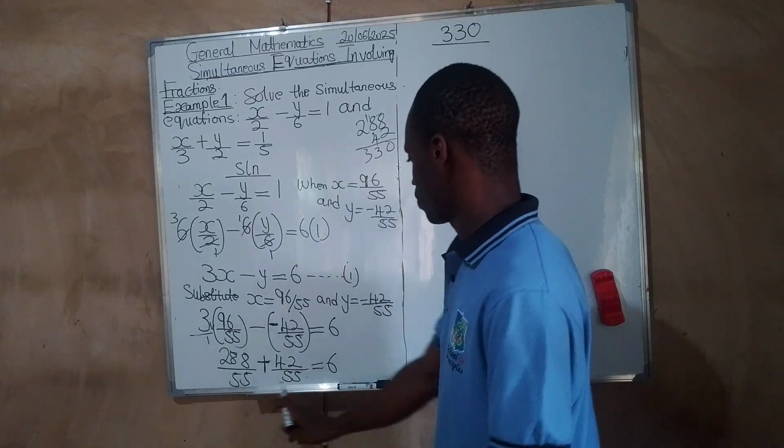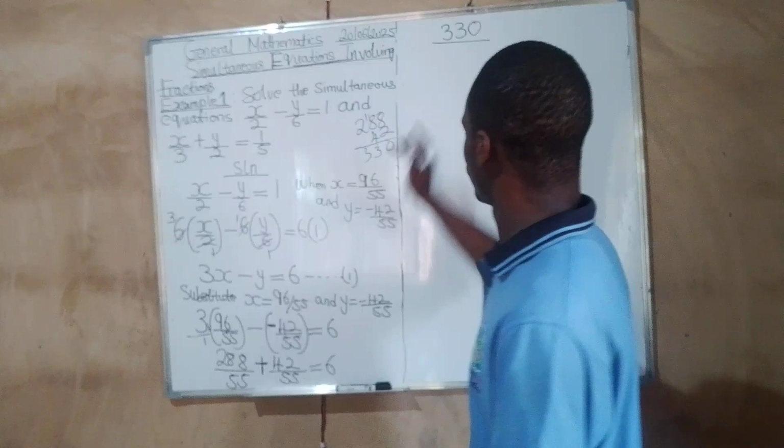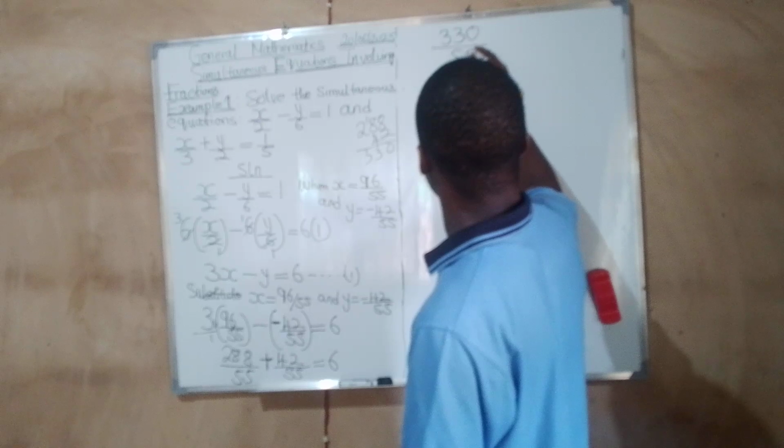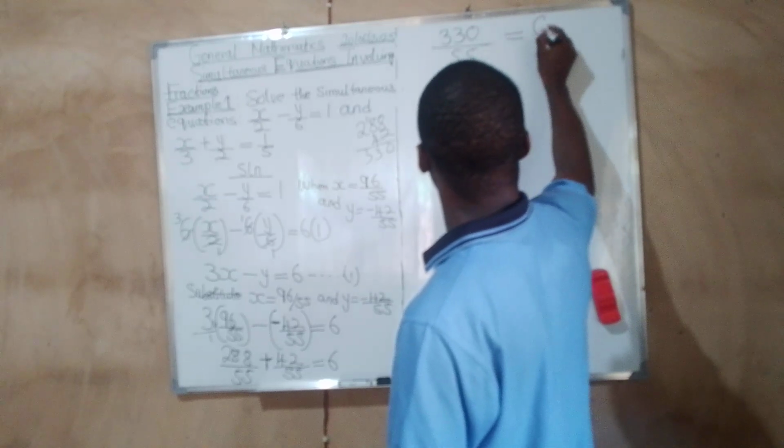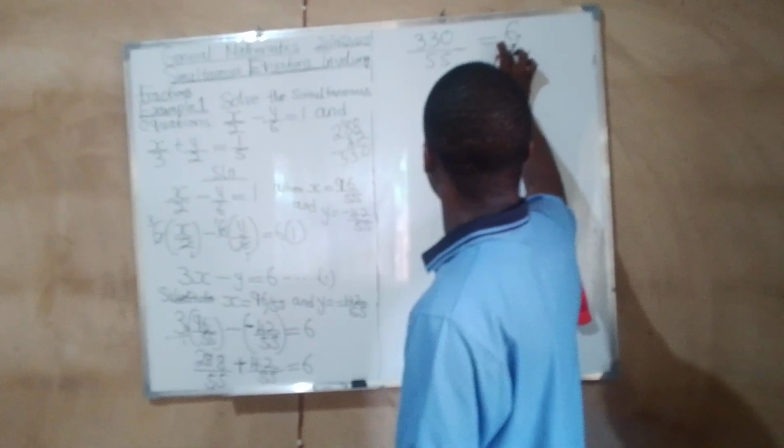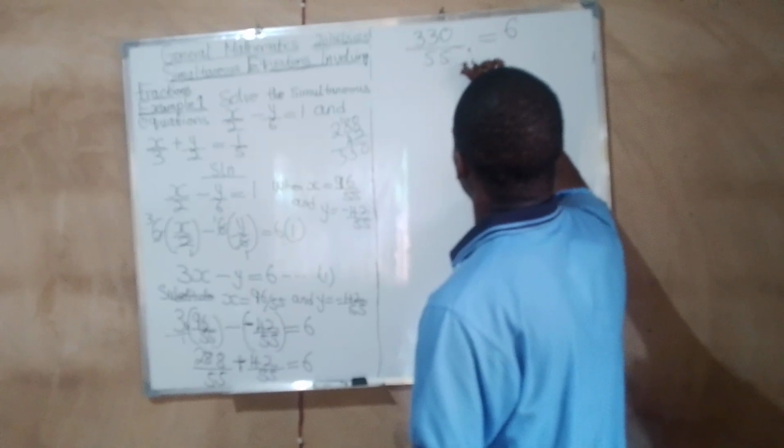Once you have two same denominators, take one, which is 55. So 330 over 55 is equal to 6.